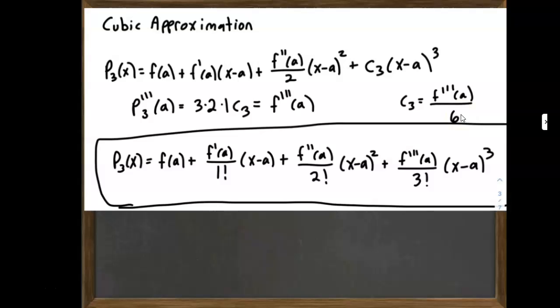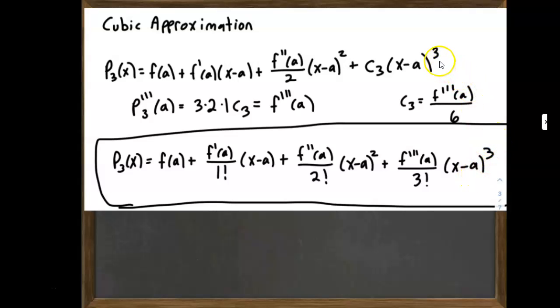Well, what's going on with this 6? Well, 6 is 3 times 2 times 1. In the previous problem, the 2 could have been thought of as 2 times 1. And of course, the dividing by 1, which we didn't write because we don't write that out, could have been thought of as dividing by 1 factorial. So the actual pattern is this. The third polynomial is f of a plus f prime of a x minus a, but we can write it as divided by 1 factorial, plus the second derivative divided by 2 factorial x minus a squared, plus the third derivative divided by 3 factorial x minus a to the third.